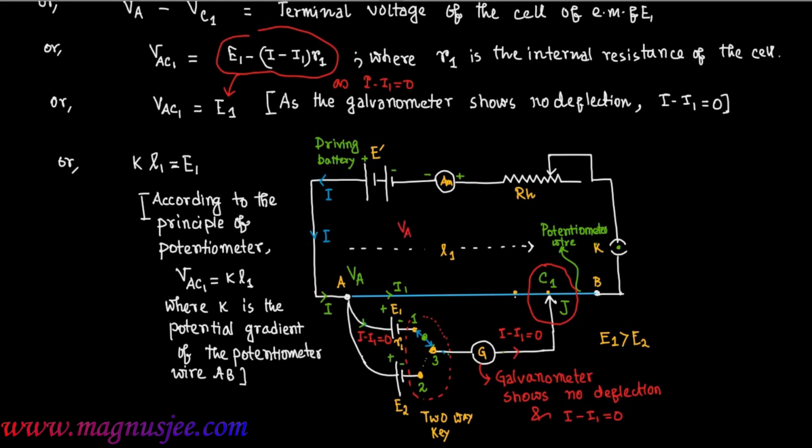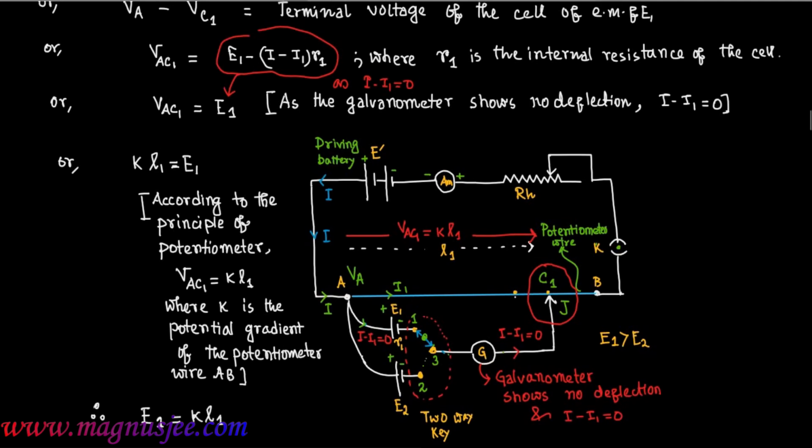That means the potential difference across the portion AC1 is directly proportional to the length L1.